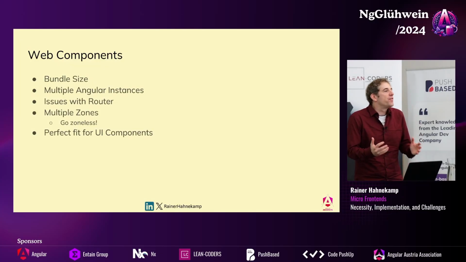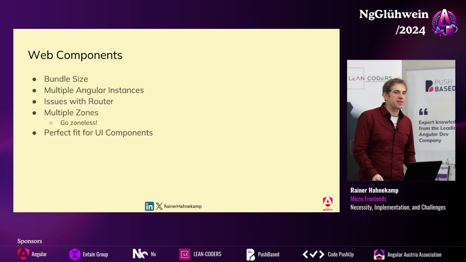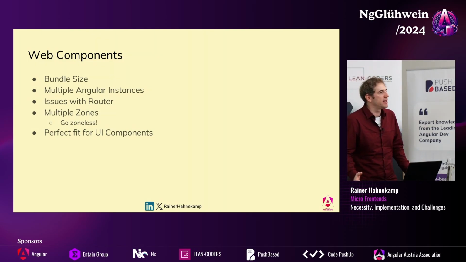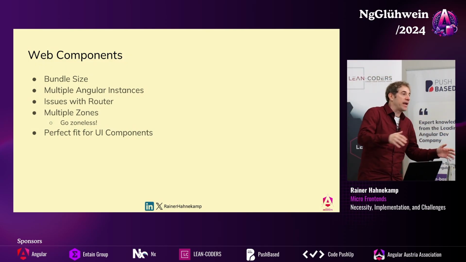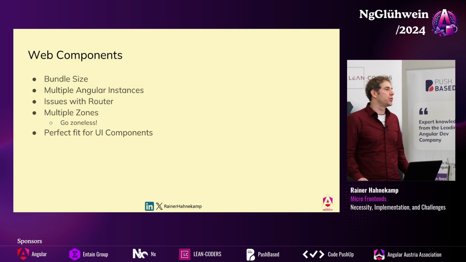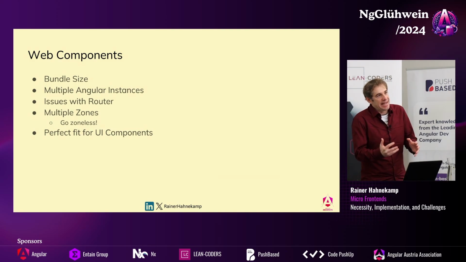So I said before, web components are still used, but for UI components. Whenever we have a UI library, where we say this is meant for corporate identity, we want to use it also maybe in React or in Vue, whatever, then this is where we see web components quite often. The question is then also, do you really want to use Angular for it? In the end, it's just HTML and a little bit of JavaScript.